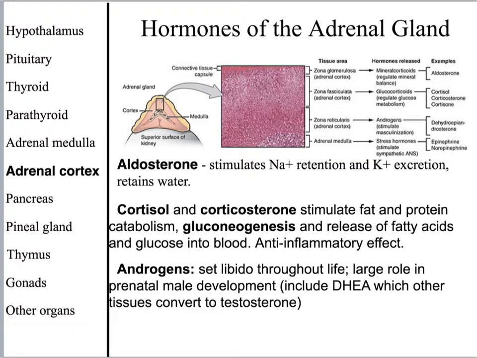The zona reticularis secretes some glucocorticoids, but secretes more androgens and sex hormones. One of them is this one here that I'm not going to try to pronounce, but I believe it's abbreviated DHPT. It's the precursor for testosterone.